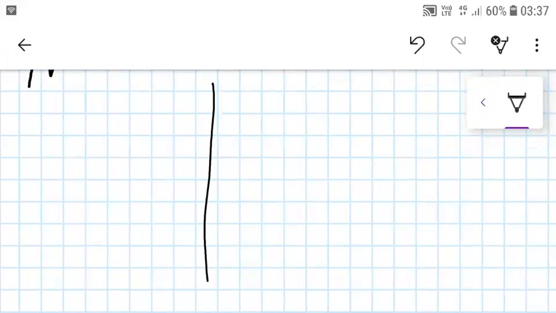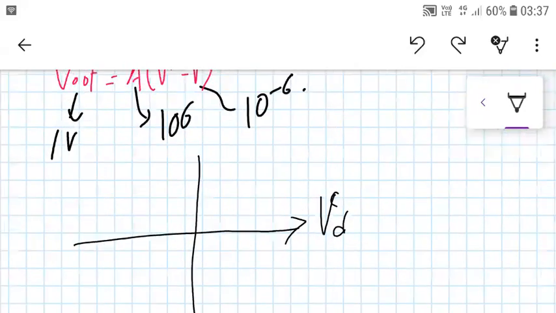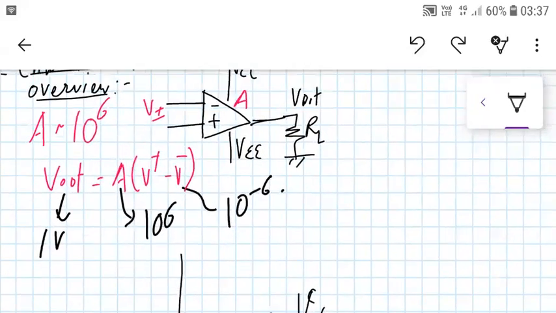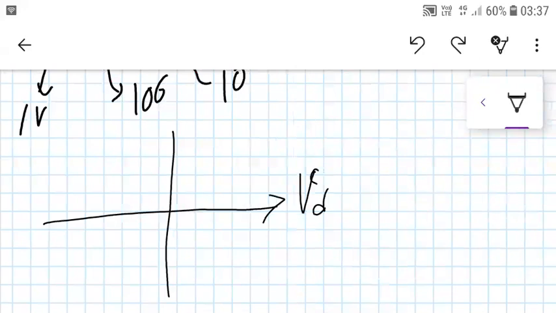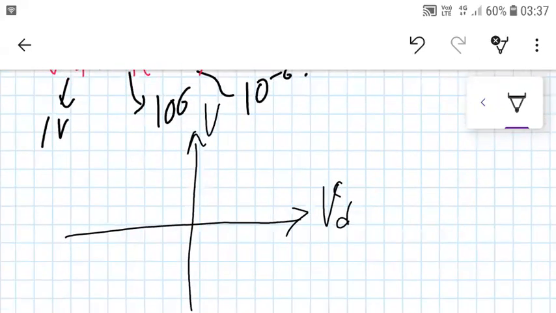So the characteristics of the op-amp will be something like this. On the x-axis we have the differential input, V plus minus V minus, and this is my output.